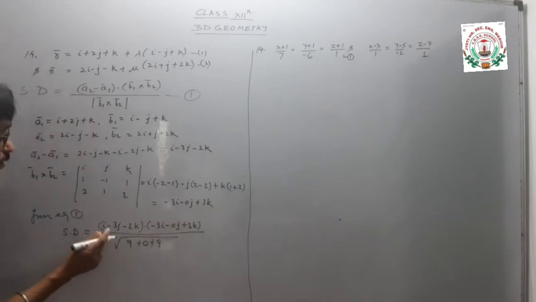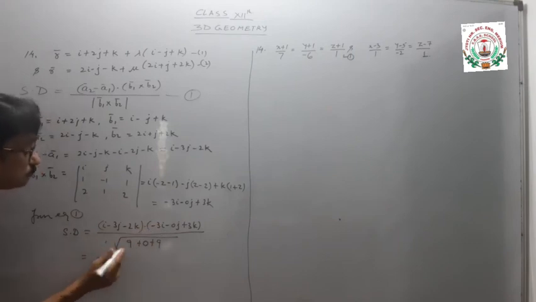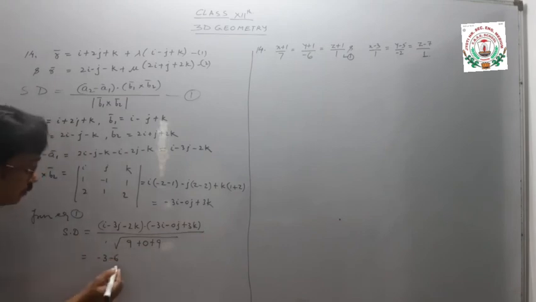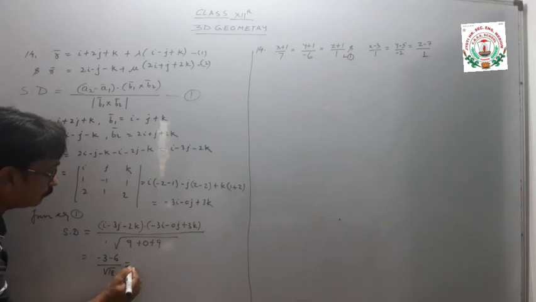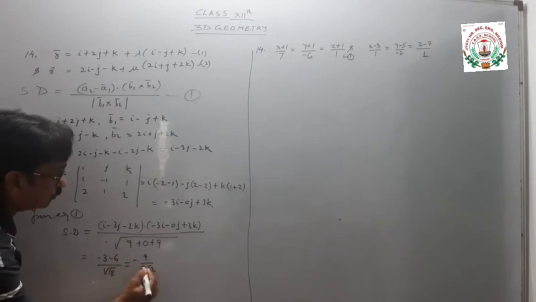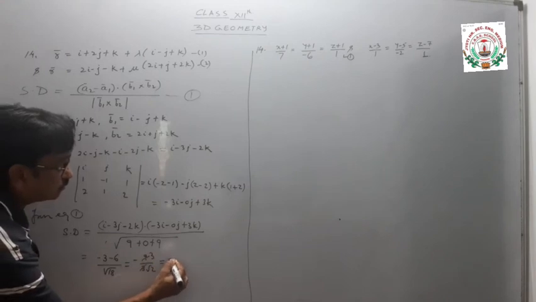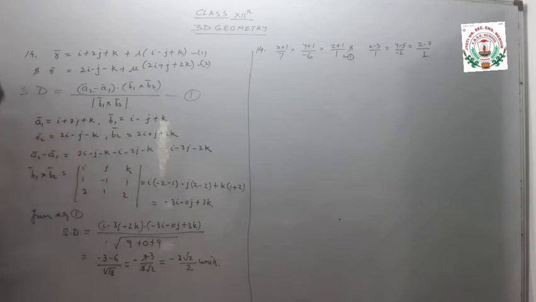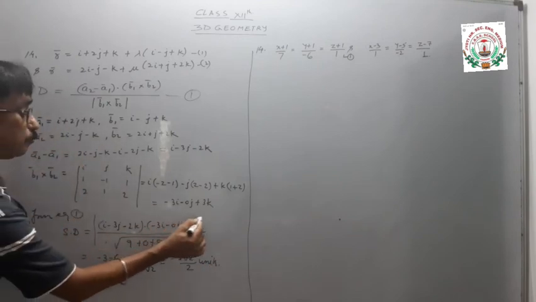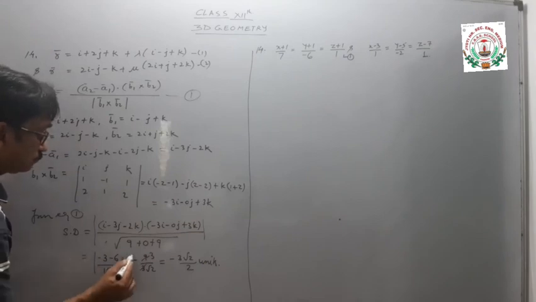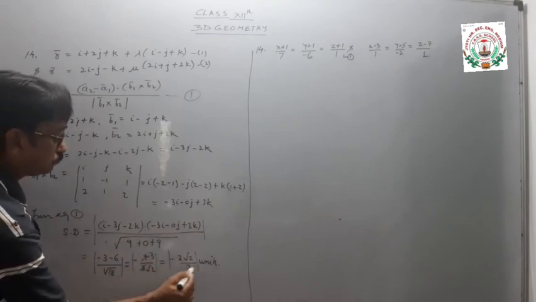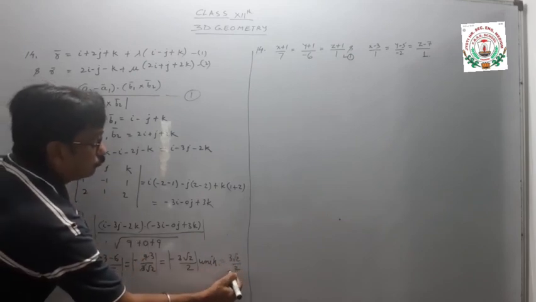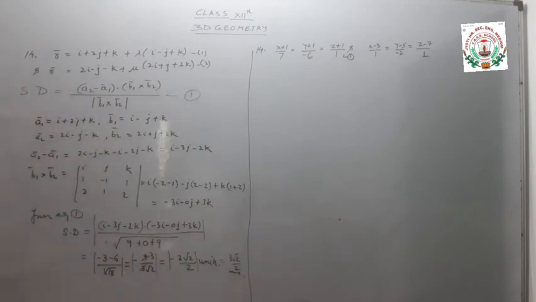So the numerator becomes minus 3, 0 and minus 6, that is minus 9, upon root 18, which is 3 root 2. Rationalizing, we get minus 3 root 2 upon 2 units. But distance is never negative, so we put the modulus. The final answer will be positive 3 root 2 upon 2 units.